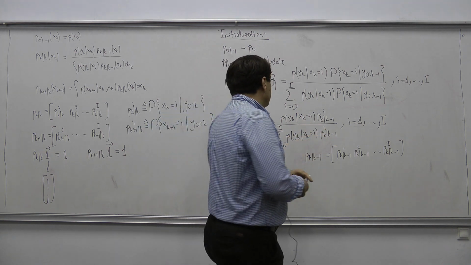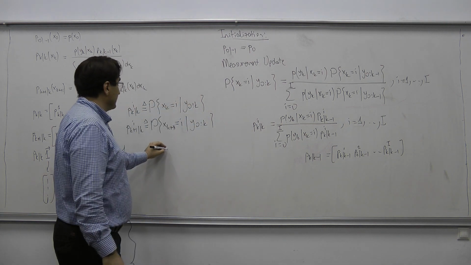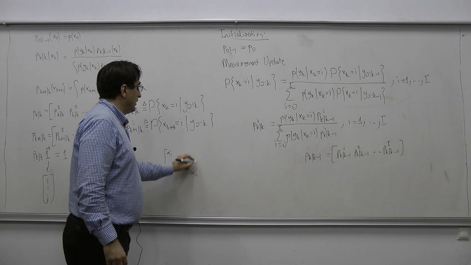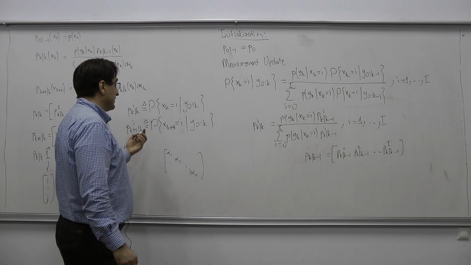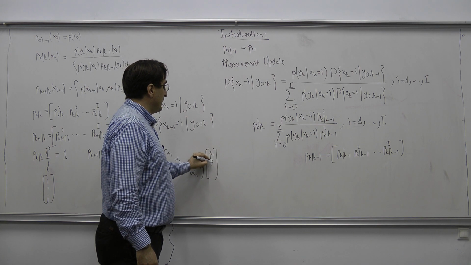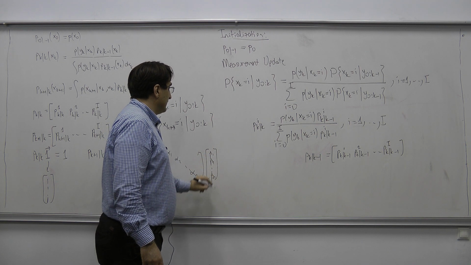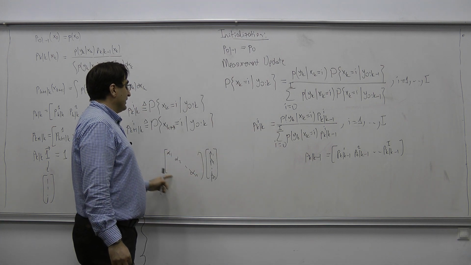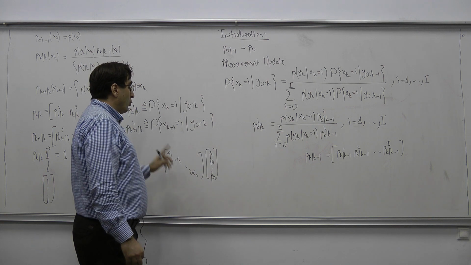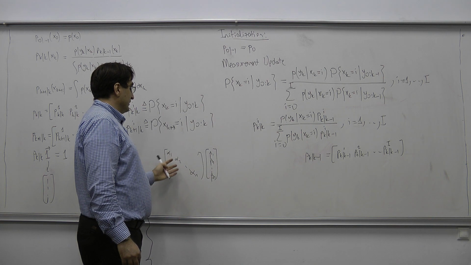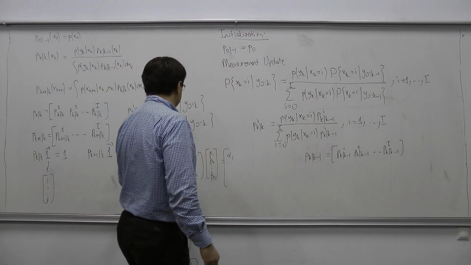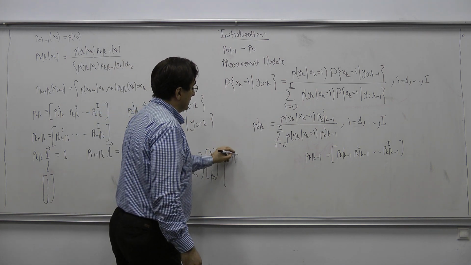Okay? So suppose that you have a diagonal matrix, alpha 1, alpha 2, going until alpha n. And suppose that you have a vector, beta 1, beta 2, going until beta n. If you multiply this diagonal matrix with such a vector, what it is going to do is multiply the first element with the first diagonal element, alpha 1 beta 1.